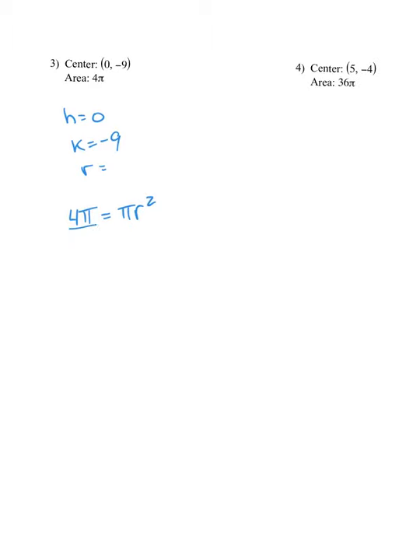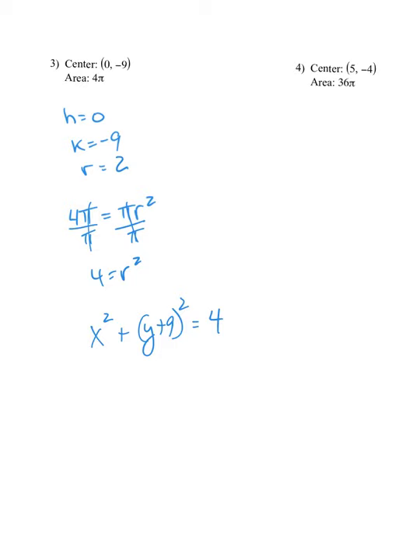If you divide both sides by pi, the pi's all bite the dust, and you get 4 equals r squared. So radius is 2, the square root of 4. And now you're back to where we were before, and that would be just a plain x squared, because it's a 0, plus (y plus 9) squared equals the radius squared, which is 4.